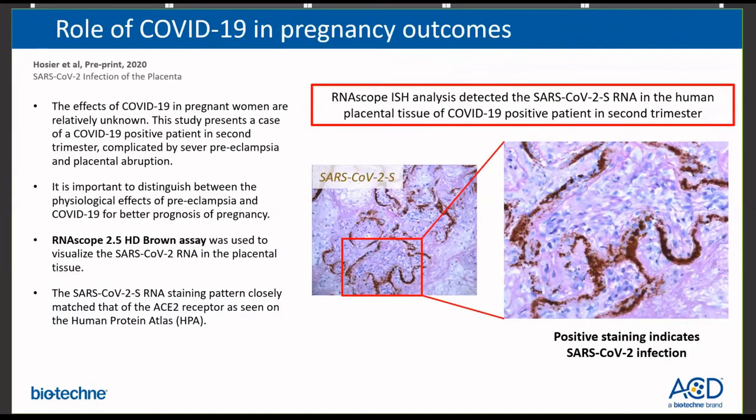And so they used the chromogenic brown assay in this case. And as you can see, they visualized the SARS-CoV-2 in the placental tissue. They also compared this to the ACE2 receptor expression in the Human Protein Atlas, and they found that the staining pattern closely matched that of ACE2 in the HPA.